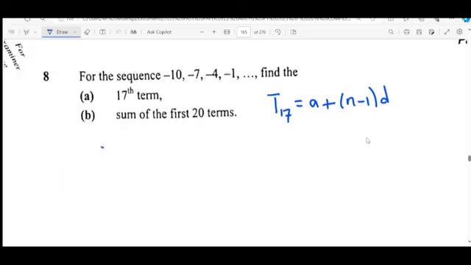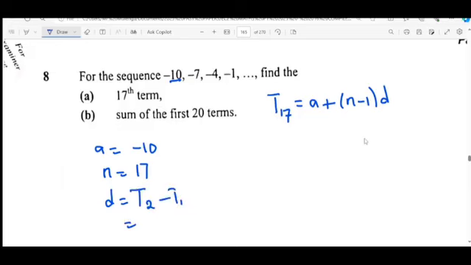Our A is the first term. In this case, it's -10, which is our first term right here. Then n, since they are saying find the 17th term, the position of the term is 17. So n is equal to 17. D is the common difference because this is an arithmetic progression. To find the common difference, we say term 2 minus term 1.